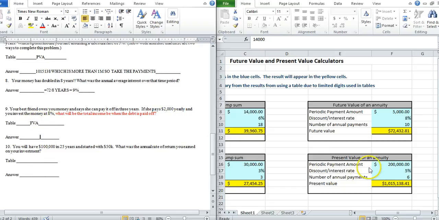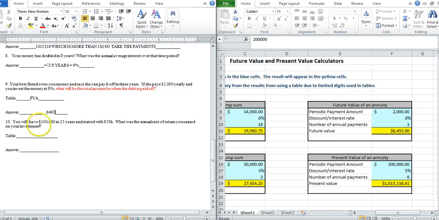So we're going to go over here to our table, future value of an annuity, key in $2,000 at 8% for 3 years, and we're going to end up with $6,492.